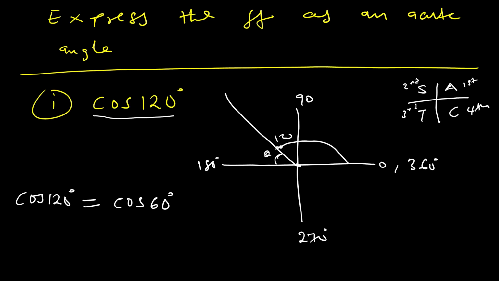This side is for only sine. Only sine is positive in this quadrant, and therefore we will negate our answer. So cos 120 degrees is the same as negative cos 60. You can verify this on the calculator.